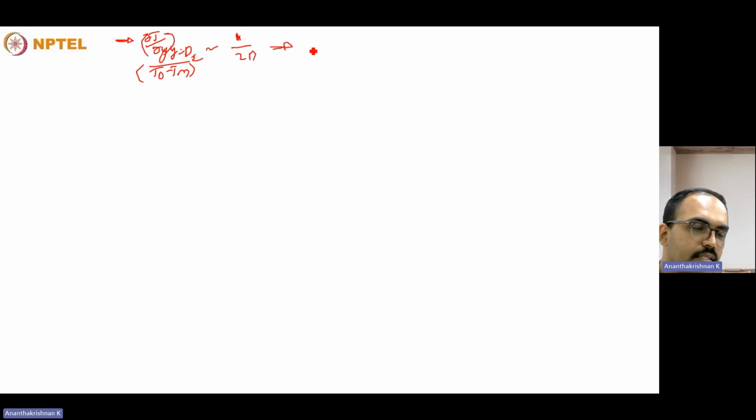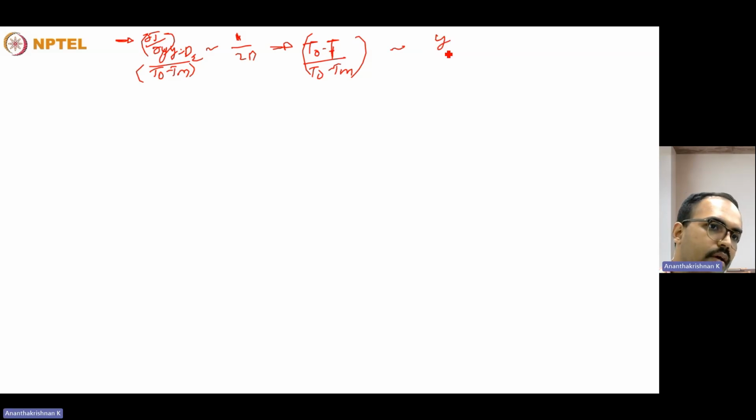So the dou T can be scaled as T0 minus T, the temperature at a particular point, divided by T0 minus T mean, and y can be scaled as y divided by d. So this is of the order of y by d.